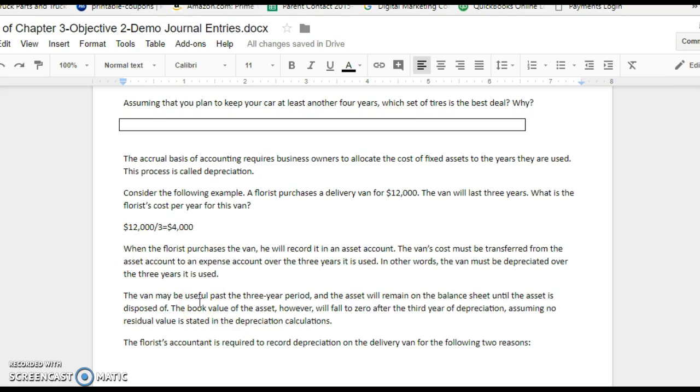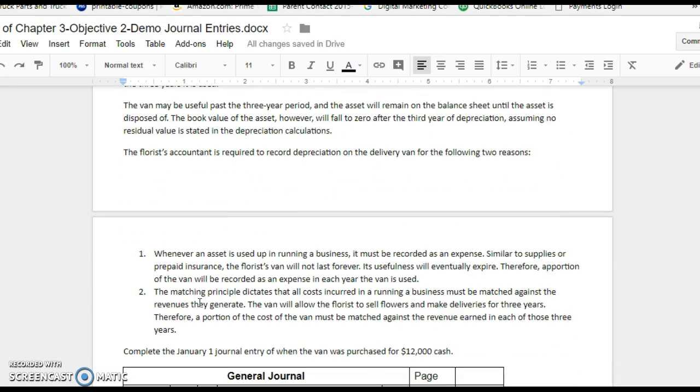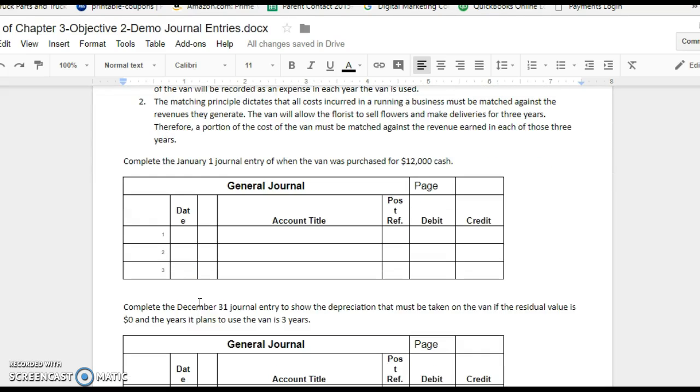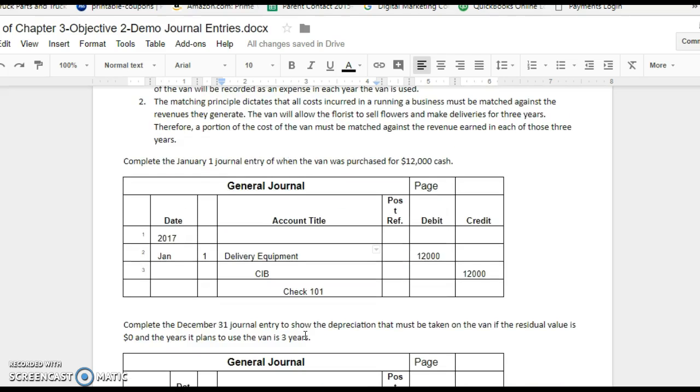So we're going to have to depreciate that van, but we're going to use that account called accumulated depreciation. When you bought that van for $12,000 on January 1st, you debit delivery equipment, which is an asset, for $12,000 and credit your cash in bank.